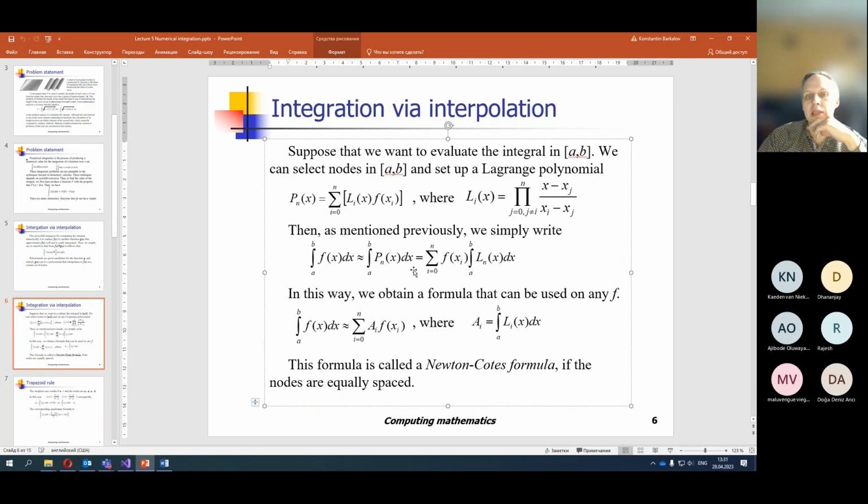And we can write that the integral from a to b Pn of x dx equals the sum from i equals 0 to n f of xi times the integral from a to b Li of x dx.